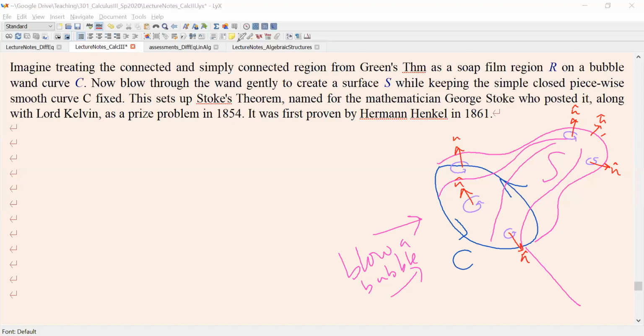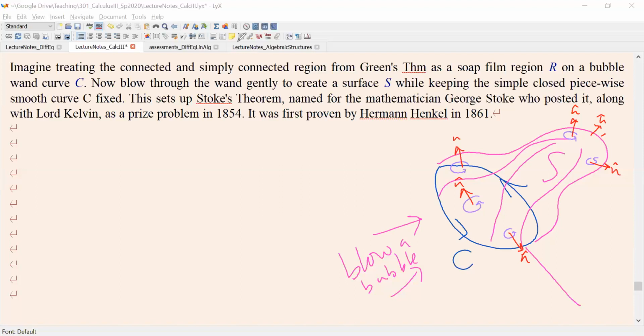Kind of think of them like porcupine quills sticking out around the porcupine's body. And so the curl that was being added up in the region is now being added up along this surface. But it's still equal to the work done by the vector field F to move particles all the way around the curve that's bounding this surface.